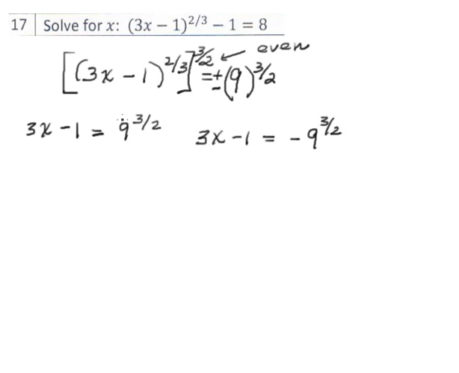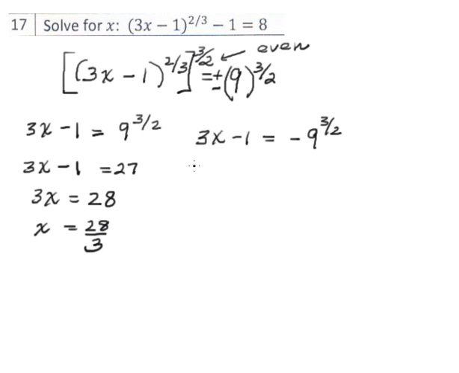Okay, so 9 to the 3/2 is the square root of 9, which is 3, and cubed is 27. So here we have a 27. So 3x minus 1 equal to 27. And that's 3x equal to, add 1 to both sides, 28. And divide by 3, and we have x is equal to 28 over 3.